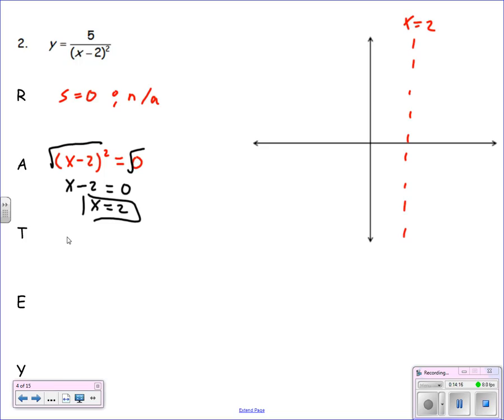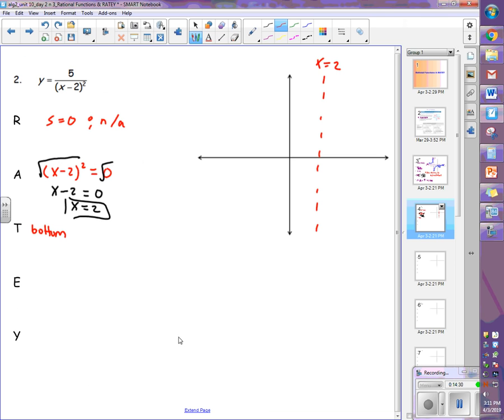T is for special square terms, and I do see a parentheses with a power of 2 attached, so yes, there's a special square term, and it's on the bottom. So let's go back and look at our handout and see what it means when it's on the bottom.